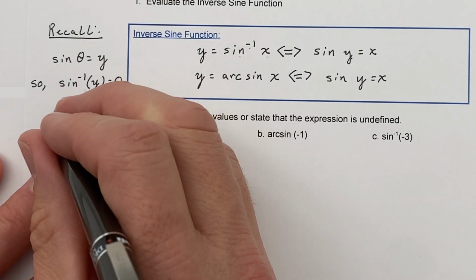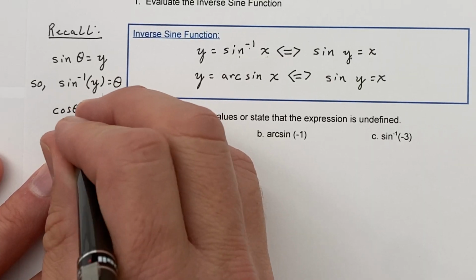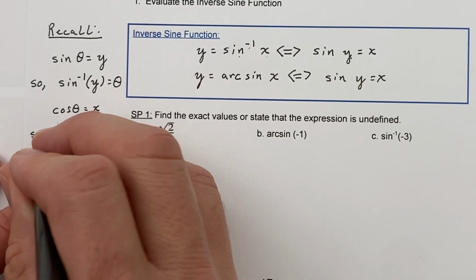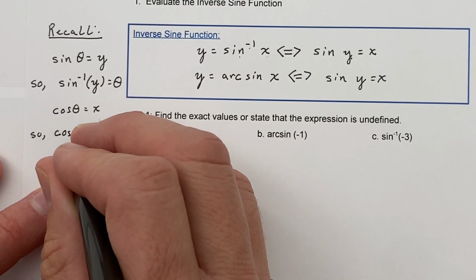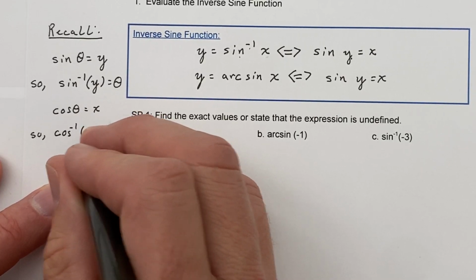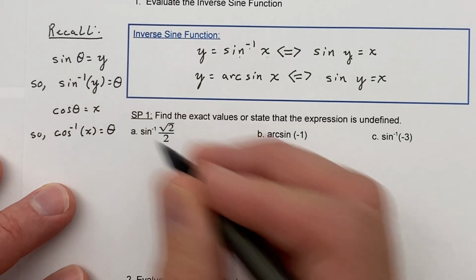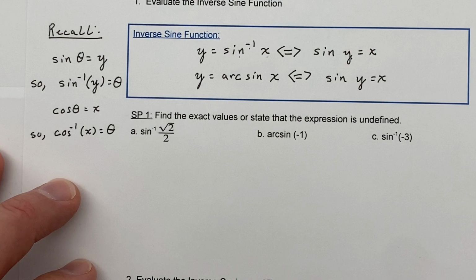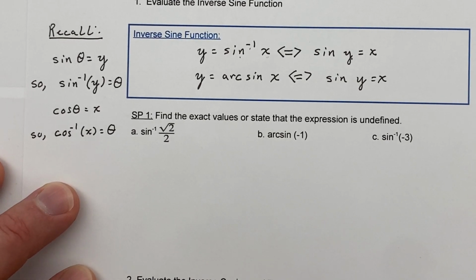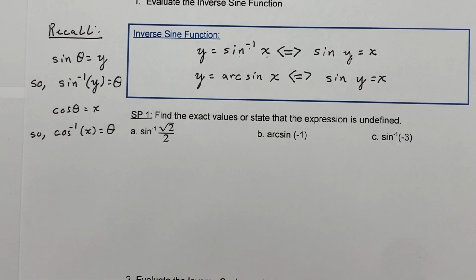And we could use the same reasoning for cosine. Cosine of theta is equal to x. So if we wanted to solve for theta, inverse cosine of x is equal to theta. We can do the same thing for tangent. Tangent would be y over x.